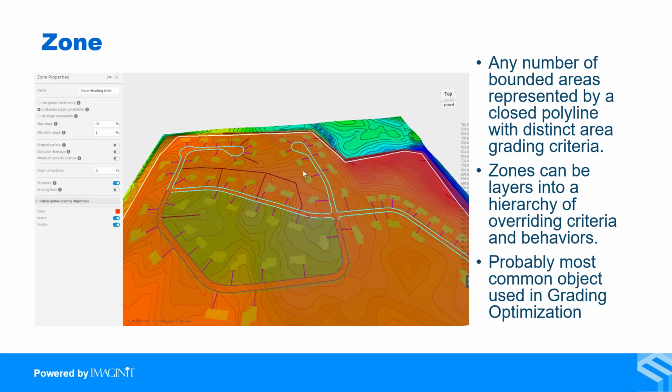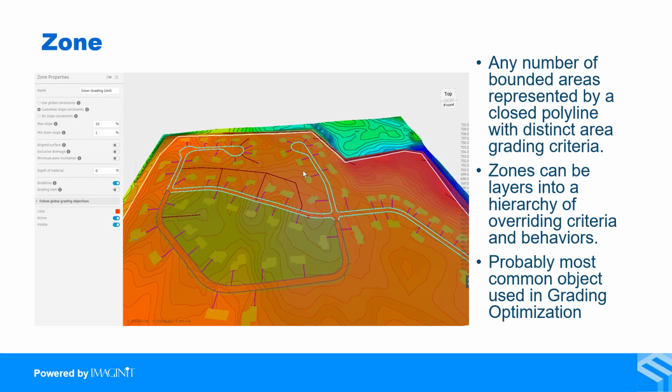When you create zones, you would just draw a polyline that has to be located entirely on the existing grade surface, select it, use the tool palette to assign the zone type to it, and as soon as you do and you have it selected, you see an interface much like this one along the left, where you actually apply the parameters to the zone. So in this case, I have set the zone so that it would slope between 1 and 33%. And I've set the outer boundary of the zone to a break line.